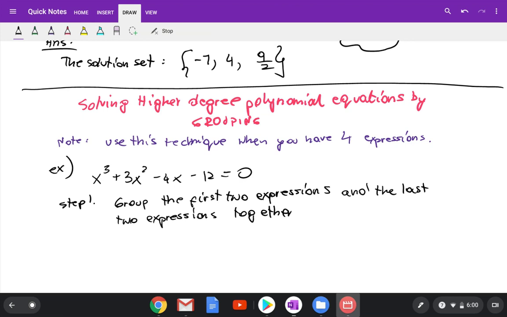Grouping means technically attaching parentheses, so you don't change anything. I just want to quickly put a plus between them to make sure you see that there is not a product. We're not changing anything, we just add parentheses. So we end up with x to the third power plus 3x squared, plus the second parenthesis, negative 4x minus 12, equals 0.